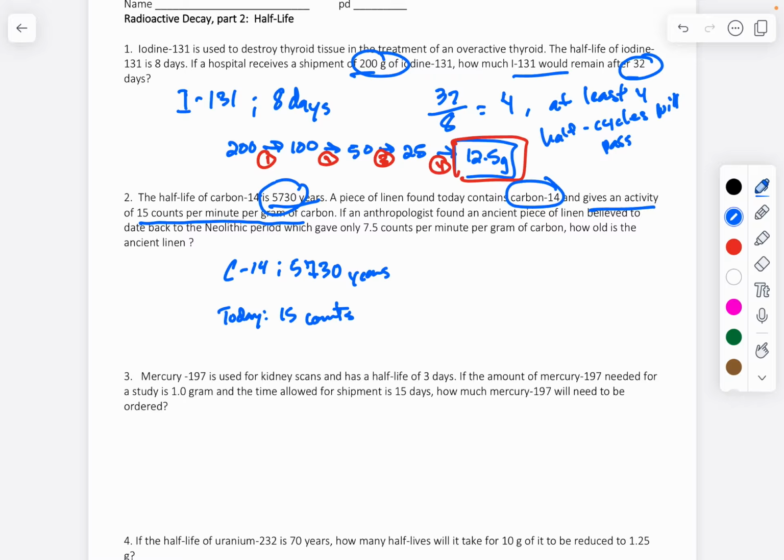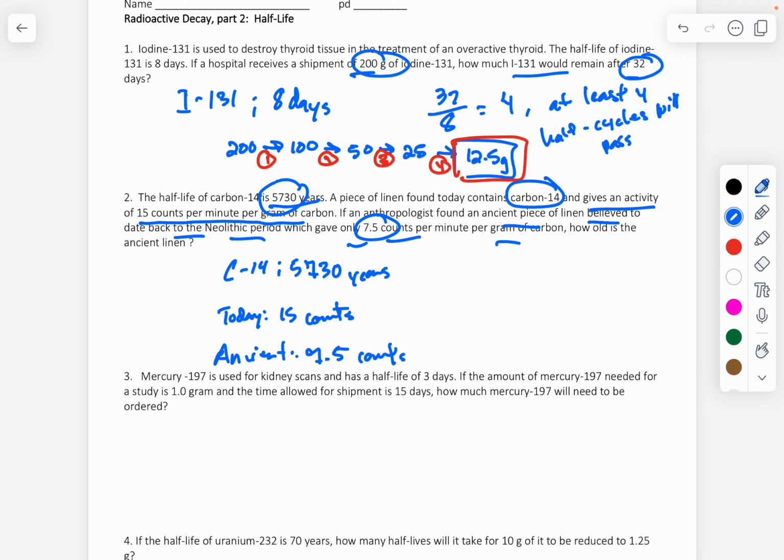If an anthropologist found an ancient piece of linen believed to date back to the Neolithic period that only gives 7.5 counts per minute per gram of carbon, how old is this ancient linen? So 7.5 counts.